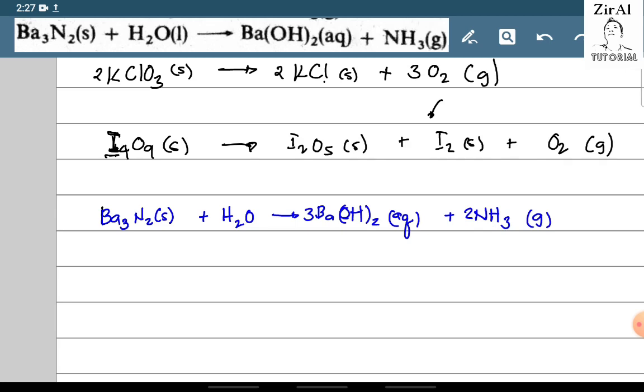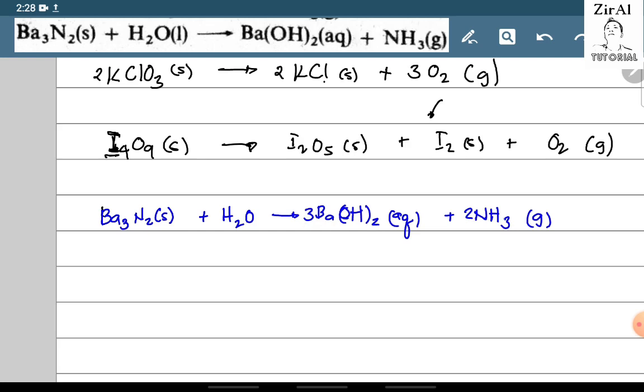And then let's see the hydrogen. Hydrogen, you have 2 atoms of hydrogen here. Here you have 2, but here you have 6. So how many? We might 3 times 2, sorry. 2 hydrogen times 3, that would be 6.